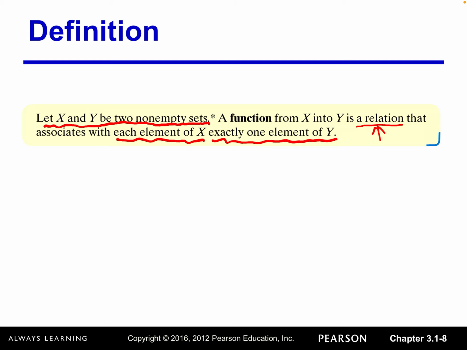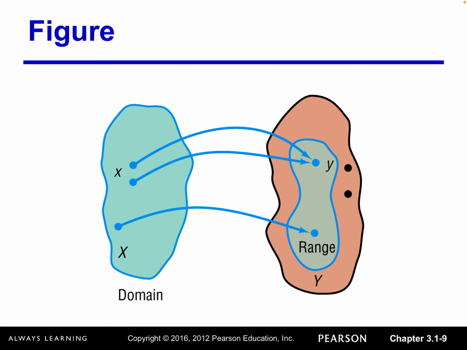One pairs with exactly 1. This kind of special relation is called a function. That's the figure representing the function. So 1 x pairs with 1 y, right? Different x's can pair with the same y. We don't care whether y's are repeated or not. 1 element of x pairs with 1 y.